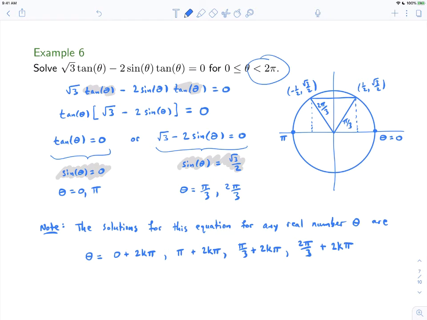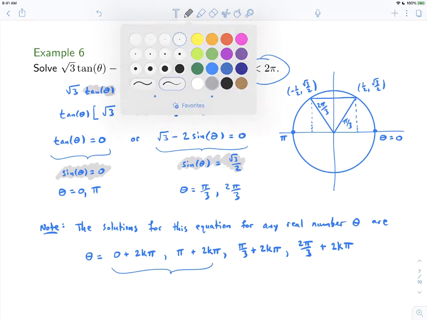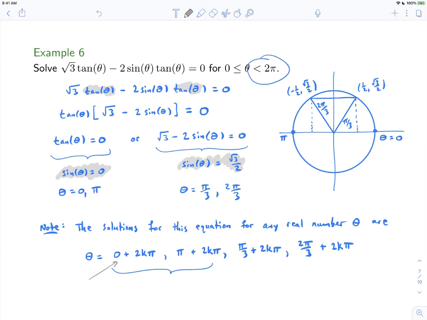Now, something that's interesting about these two solutions, notice what they really are. You're looking at 0, and if you add 2k pi to that, that's going completely around the circle. So you're getting all of the even multiples of pi. What about this one right here? It's pi, but if you go around again, it's going to give you 3 pi. So this one here is 0 and 2 pi and 4 pi and so on.